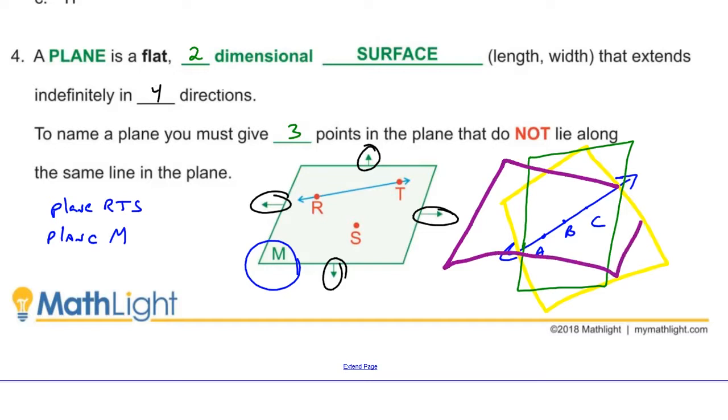Oh, now I'm getting all out of shape there. Matter of fact, there's an infinite number of planes that line is in. And therefore, naming the 3 points doesn't tell us exactly what plane we're talking about. So it's got to be 3 points that are not along the same line to name a plane.